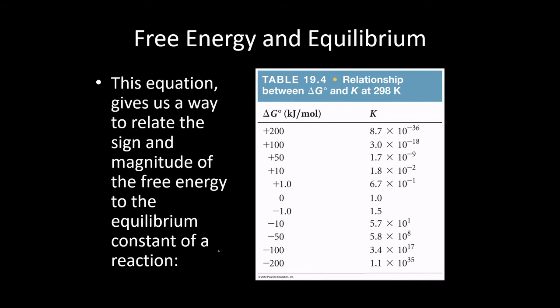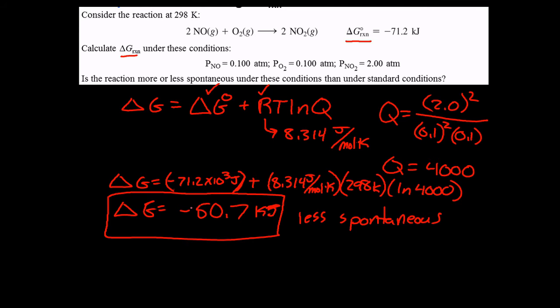So, just to kind of give ourselves an idea of what kind of K values you get for a given Gibbs free energy value. If you had a reaction like the one that we just saw, where you have negative 50 kilojoules per mole as your delta G value, even though, back here we're saying, this is less negative than it was at standard conditions, you might remember from just a couple seconds ago I said it's still quite spontaneous.